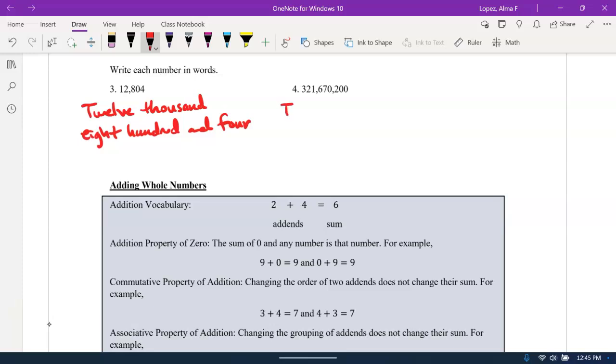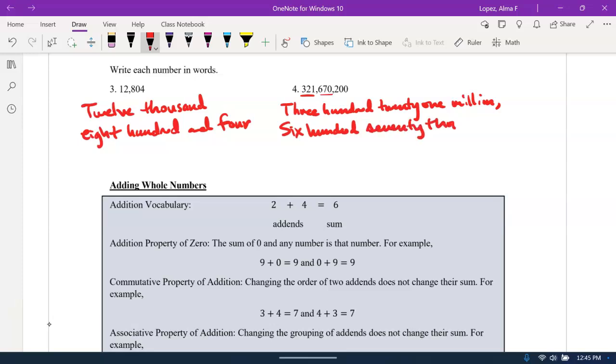So we could say 321 million, comma. For the next part, these are thousands. So we're going to say 670,000. And then finally, 200. So we're going to read it in those groupings, okay?